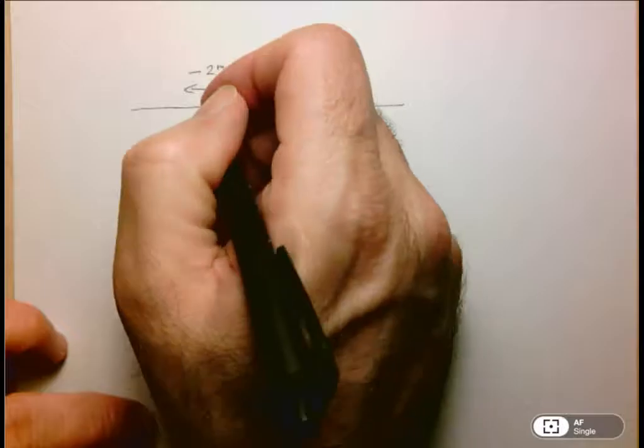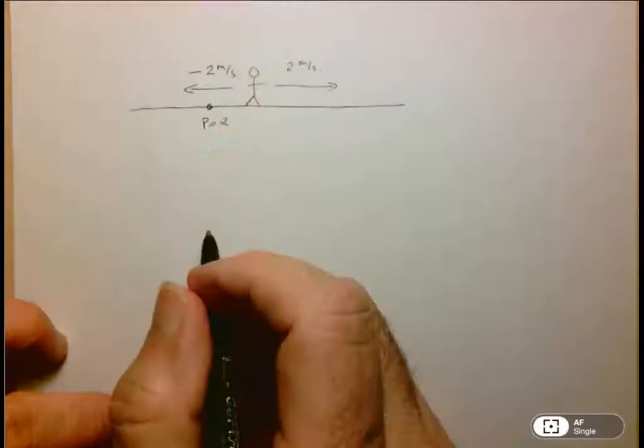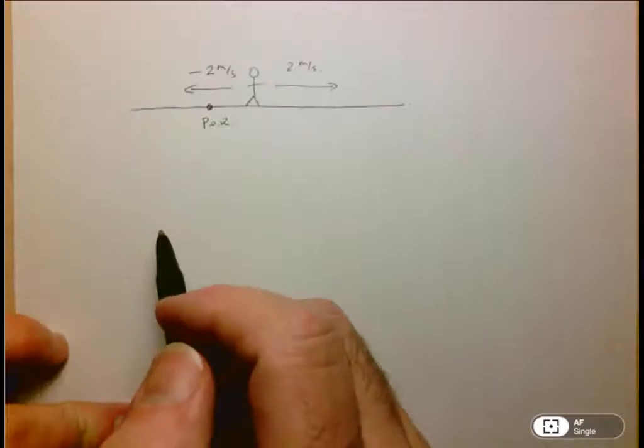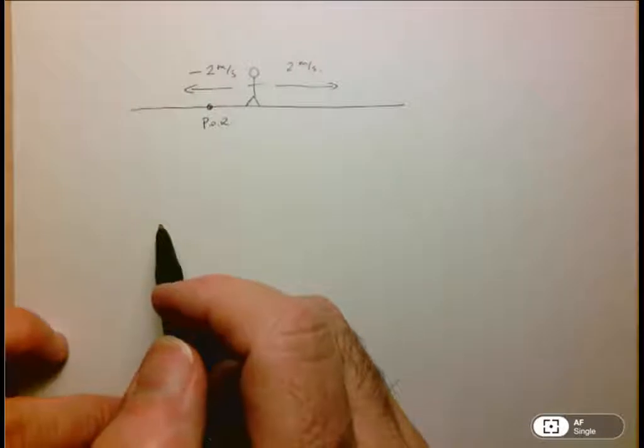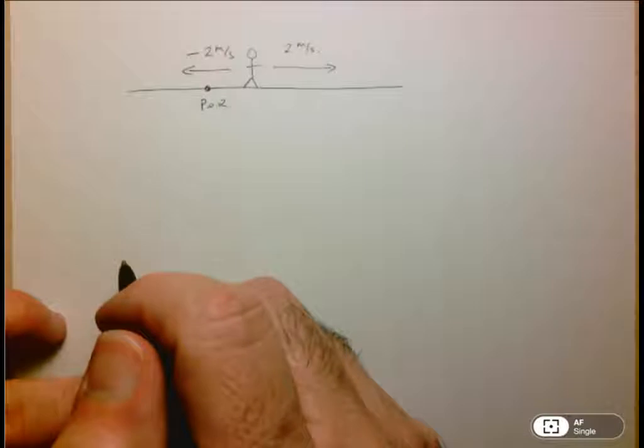Same thing with position. If this is my point of reference, where I'm measuring my position, there is positive position and negative position. What happens though when you move from the one-dimensional world to the two-dimensional world?